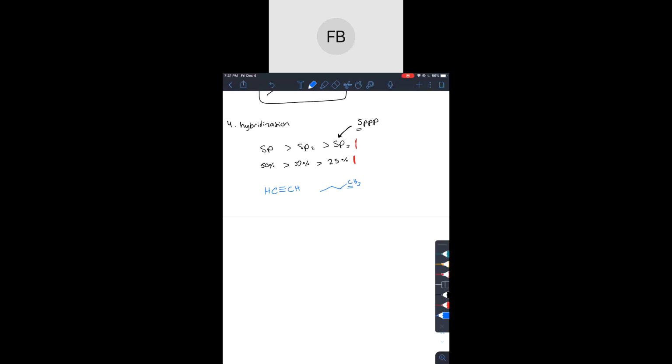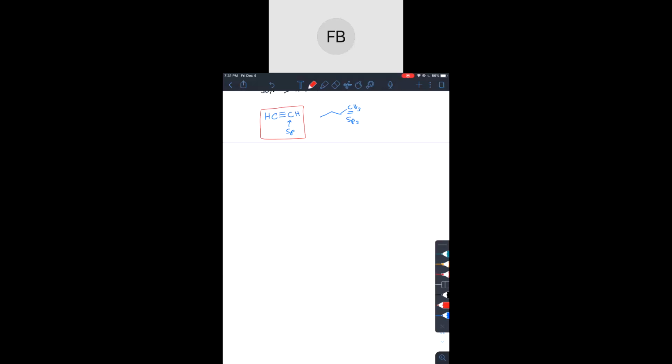You look at this carbon that's going to lose a hydrogen, it's sp3, and this one, sp. So this one is more acidic. That's it. Okay. Any questions? So that's the basics of acidity. Obviously, basicity is just the opposite. That was just a quick reminder because that stuff is definitely going to be on the final.